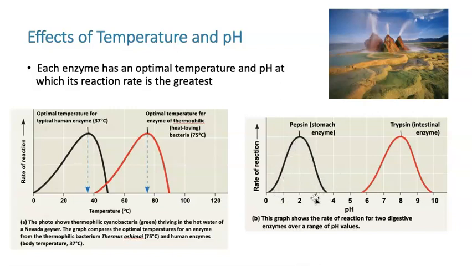And I don't know if you remember, but stomachs have a very low pH, meaning they're highly acidic. So this one does really well at a pH of 2, very acidic. Trypsin, on the other hand, is an enzyme found in your intestines, and its optimal pH is at 8. That's a little on the basic side of the pH scale. Remember that 7 is neutral on the pH scale. So enzymes do best at specific temperatures and pH depending on what enzyme you're talking about.